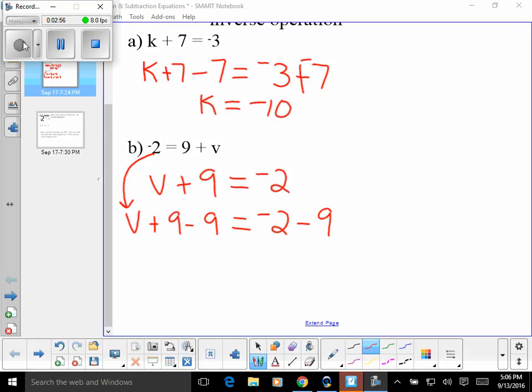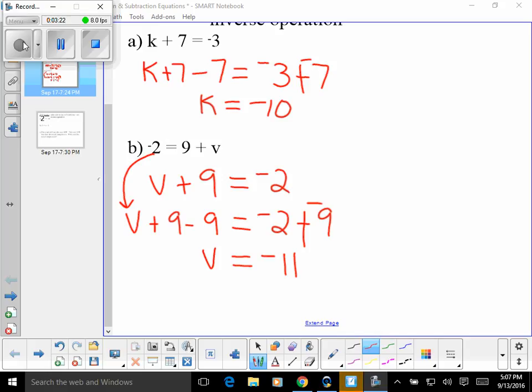Going back to what we've just written, we can now simplify. v equals, add that opposite. Remember, with subtraction, it means to add the opposite. v equals negative 11. Now at this point, it's probably a good idea to think about the fact that we can check our answers. Not just look on the solution set, but actually check our answers.